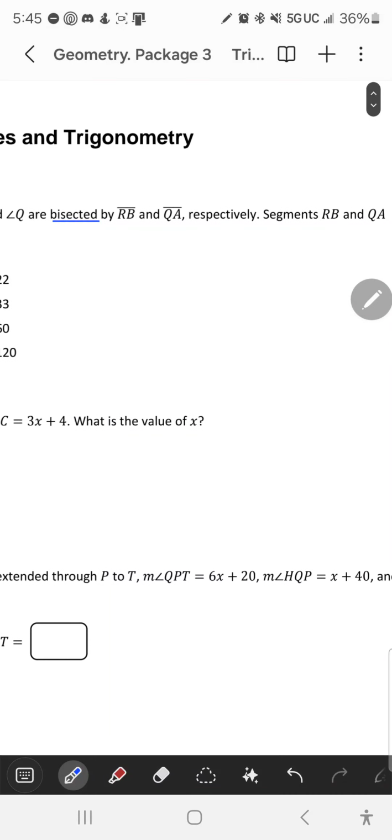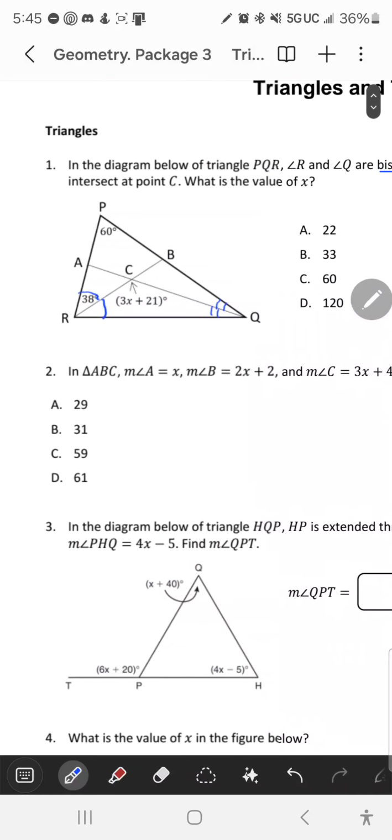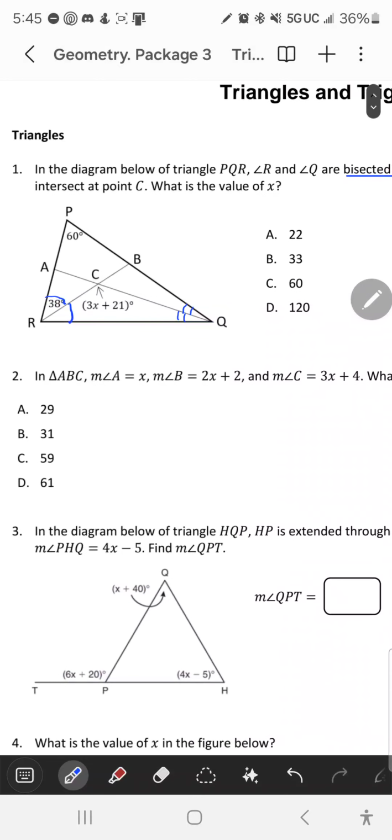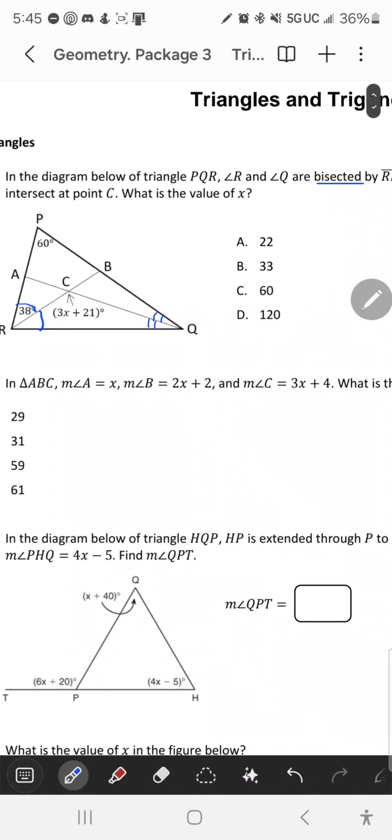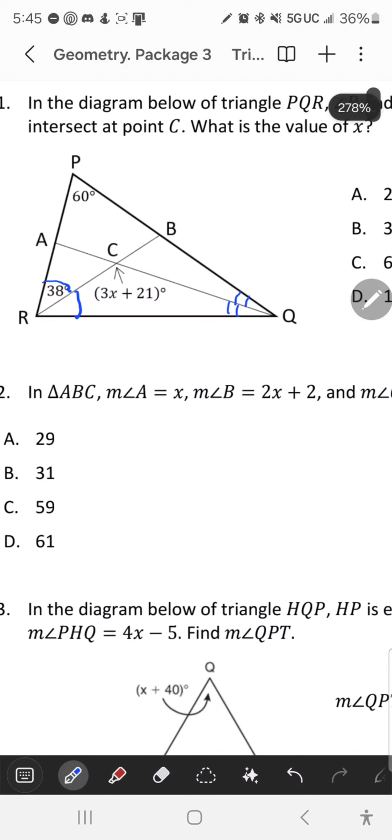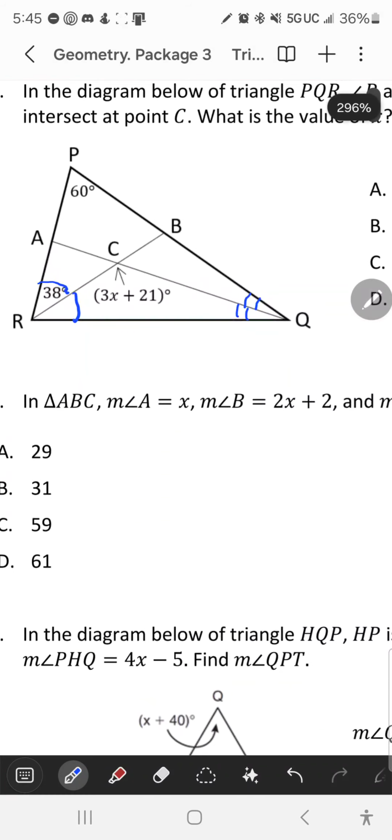Now, respectively, segments RB and QA intersect at point C. What is the value of x? So first of all, we want to know the value of x, and the only angle that has an x is this angle right here.